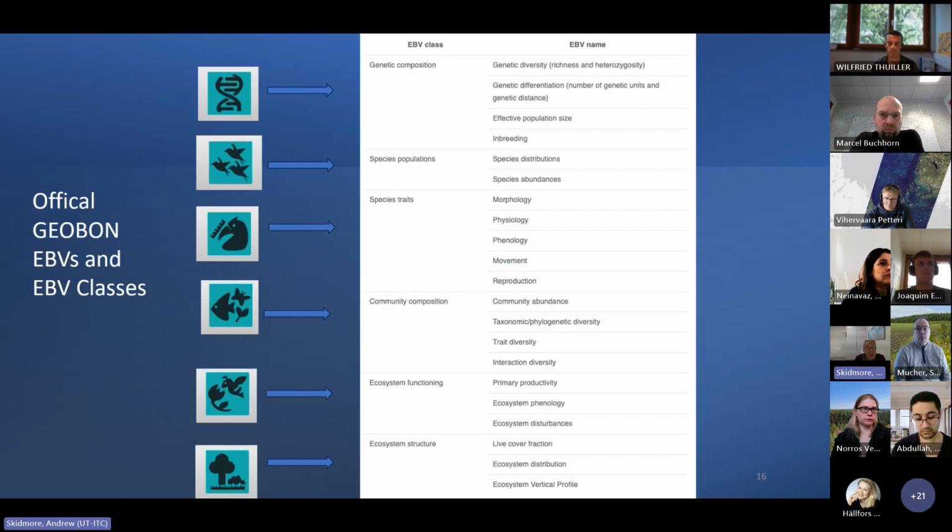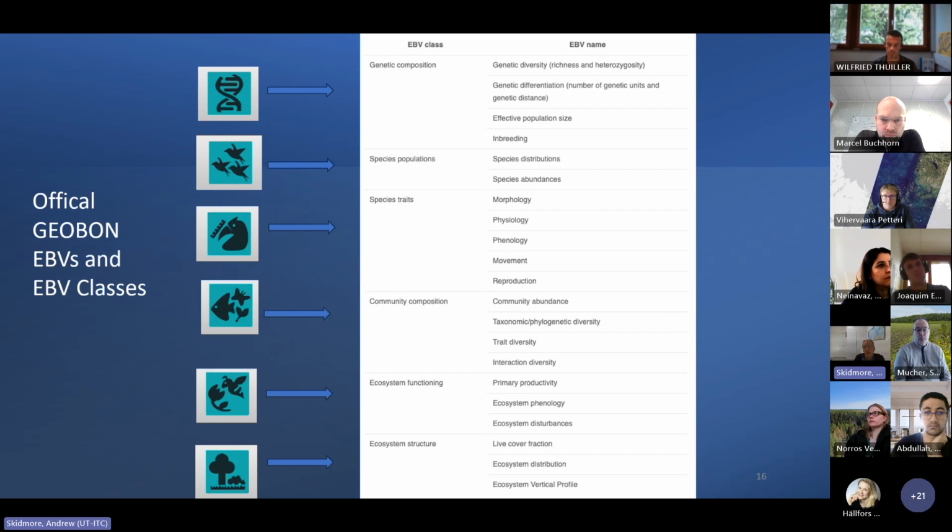So the official GeoBON EBVs and EBV classes. Here we've got the 6 classes: genetic composition, species populations, species traits, community composition, ecosystem functioning, and ecosystem structure. By now, if you look at the GeoBON site, it's pretty much stabilized into a number of different EBVs.